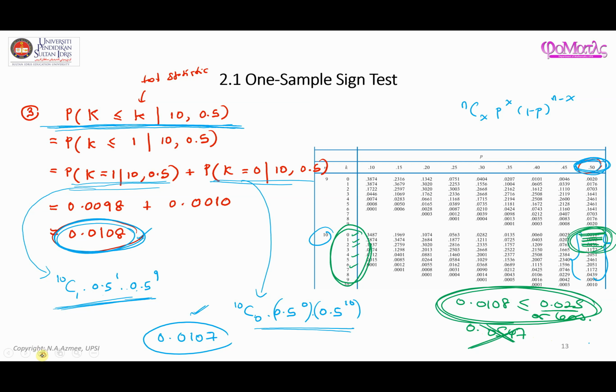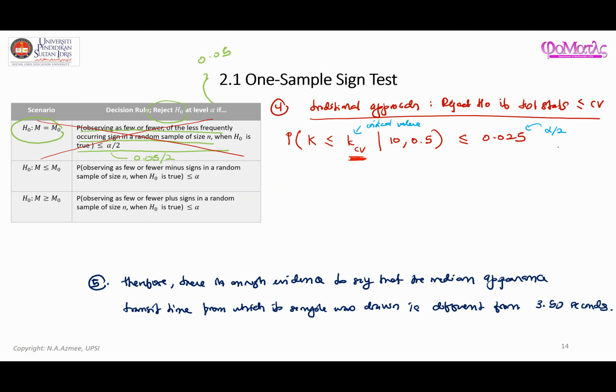Therefore, in that case, our critical value is this value, because you add 0 and 1 by considering 1 here, probability of 0 and 1, you will get that probability value according to this one here. So when you call less than or equal to 1, that means you're looking for probability k equals 0, 0.5 plus probability k equals 1, 0.5.